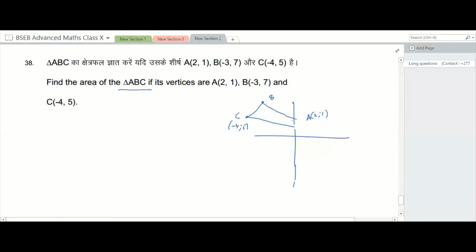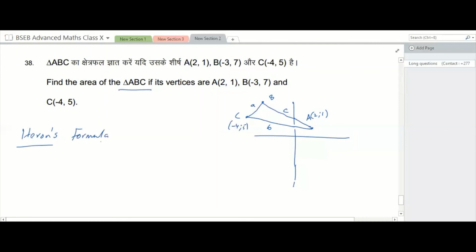So directly opposite is A, B, and C. If you're finding A, using the distance formula, to find the area of the triangle, we are going to use Heron's formula, where we don't need the angles.